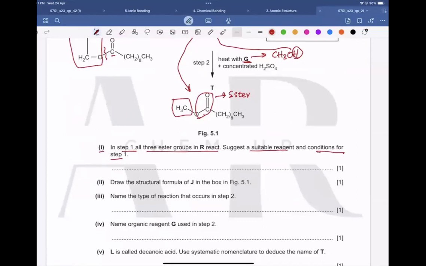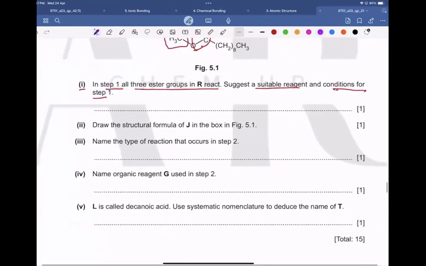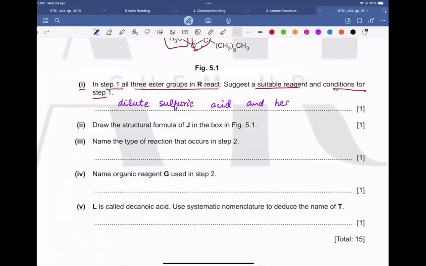So the condition would be heating, and we use dilute nitric acid, dilute hydrochloric acid, or dilute sulfuric acid. Okay. So dilute sulfuric acid and heat.